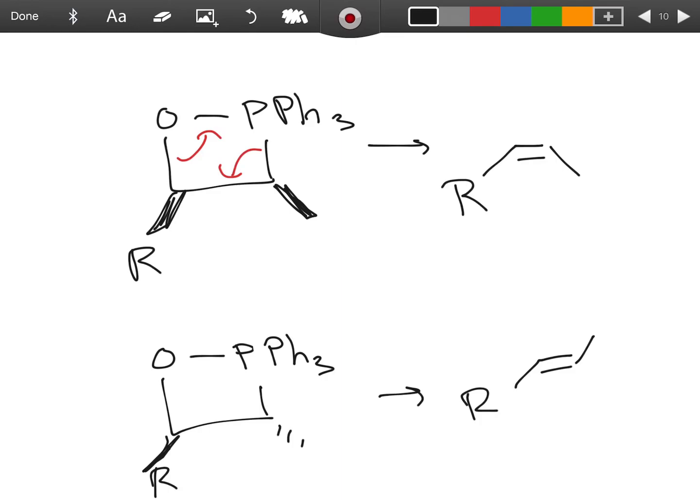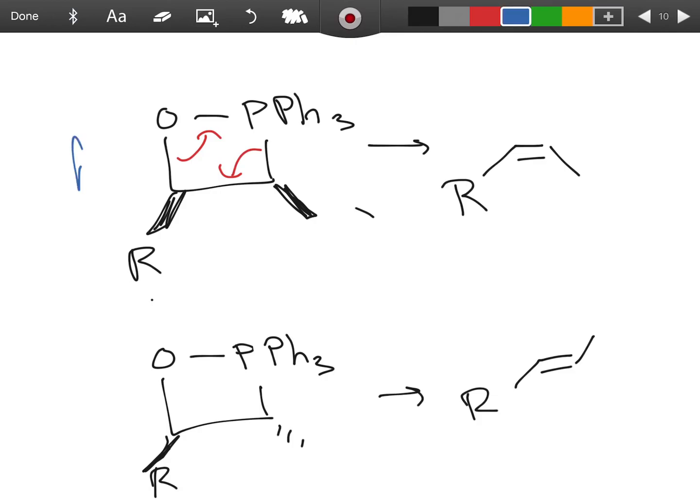If that's the case, then there's no chance for any of my bonds to rotate, which means if it's cis in the starter, in the oxyphosphatane, it's cis in the product. If it's trans, it's trans. Not knowing anything else about this, which one of these two looks more stable?